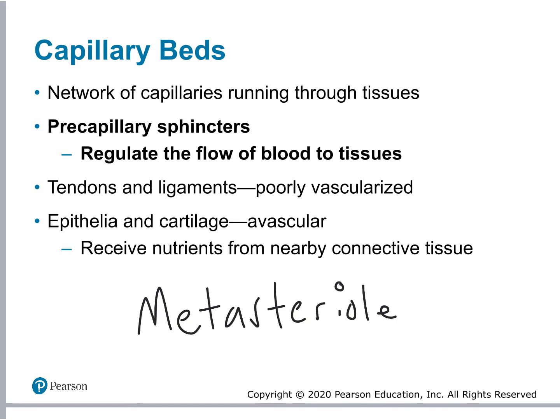And the reason why we talk about the metarteriole is because there are sphincters associated with the metarteriole, and they're called precapillary sphincters. These precapillary sphincters will control whether blood leaves the metarteriole and goes into the capillary bed, or if it's just going to go straight through to the venular side. The reason why it's going to be diverted is because you are either in the parasympathetic nervous system mode or the sympathetic nervous system mode.